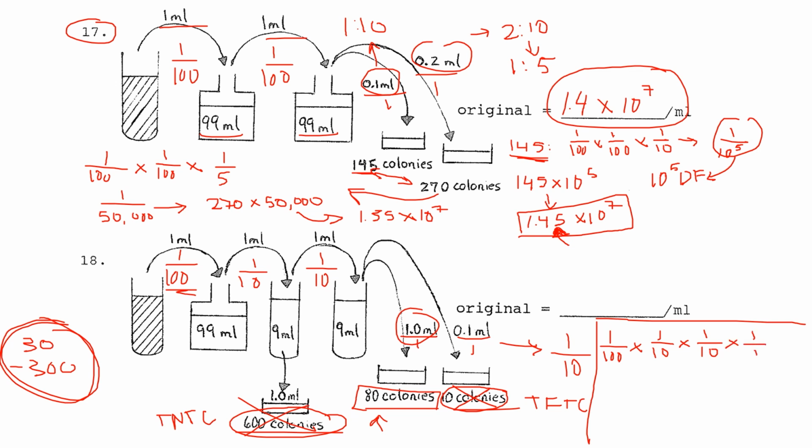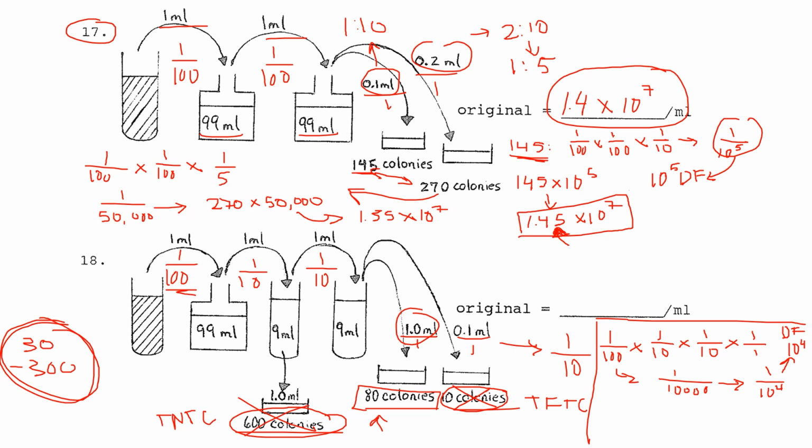So our dilution is 1 over 1, 2, 3, 4, or 1 over 10 to the 4th. And remember, our dilution factor is the inverse of that, right? So our dilution factor is going to be 10 to the 4th, right?